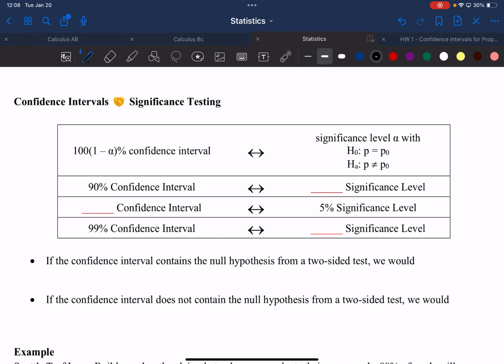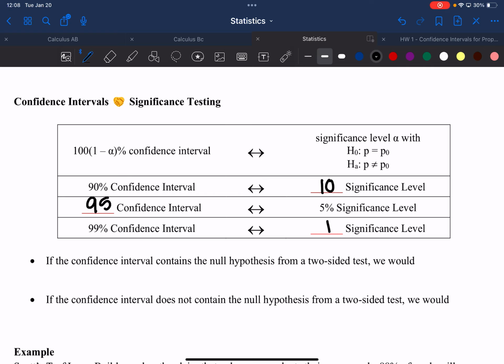So for example, if we had a 90% confidence interval, that would be the same as finding what percent significance level? If we have to add them up to 100, 10. Okay. So if we look at the next one, if we have a 5% significance level, what is our confidence interval? 95. And if we have a 99% confidence interval, what is our significance level?